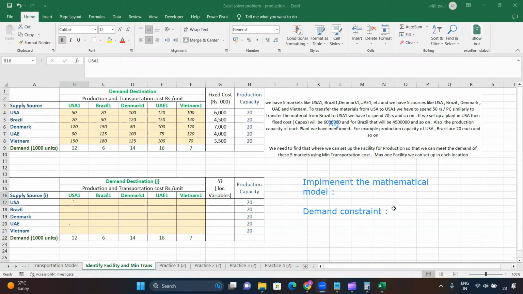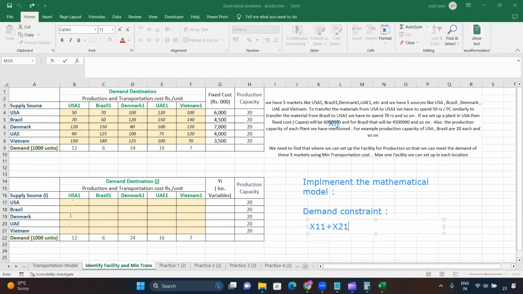That means for the demand constraint, we have X11 plus X21. 2 is source 2, that is Brazil, and this market is the destination, that is USA.